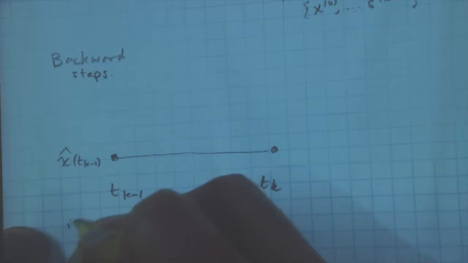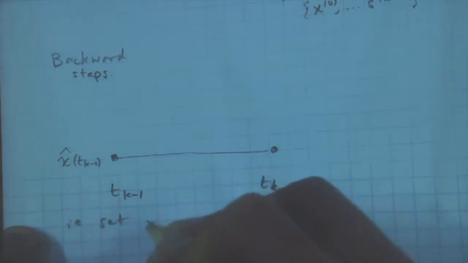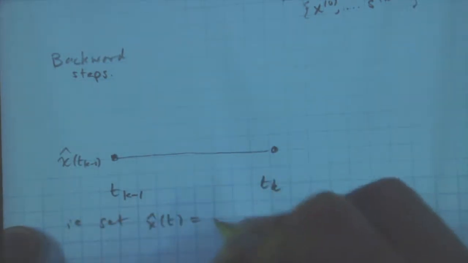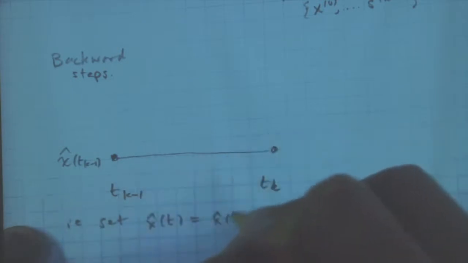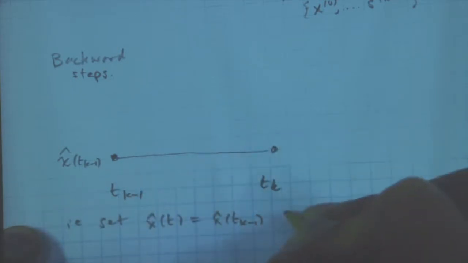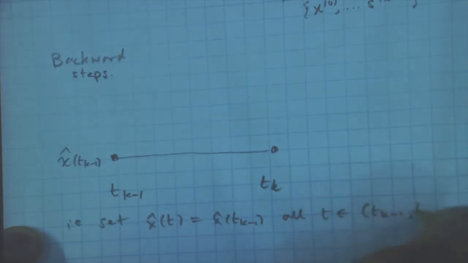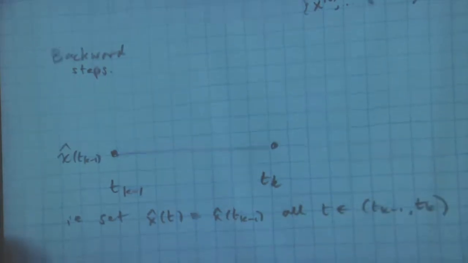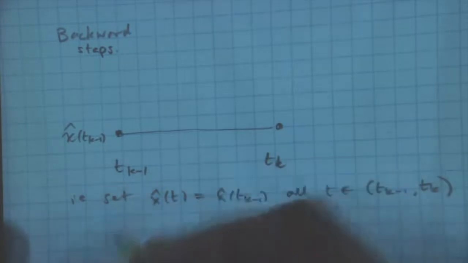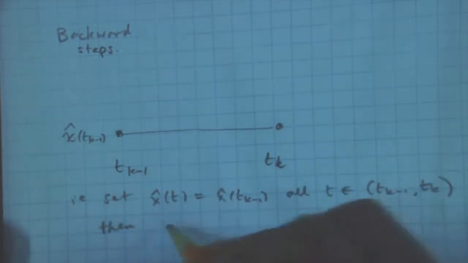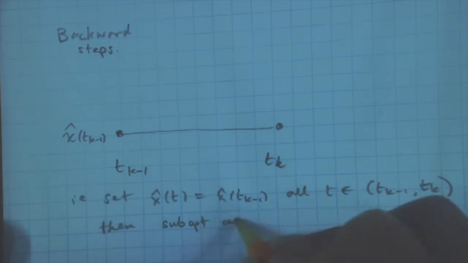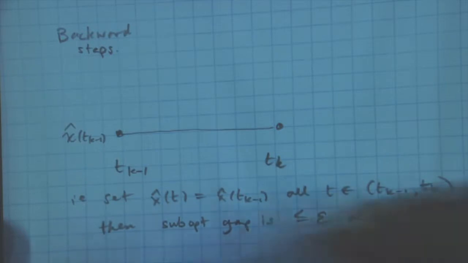So in other words, I set my guess at the solution to be just what I saw at t_{k-1} for all t between t_{k-1} and t_k. Then I have the property that the suboptimality gap is less than or equal to epsilon along this segment.